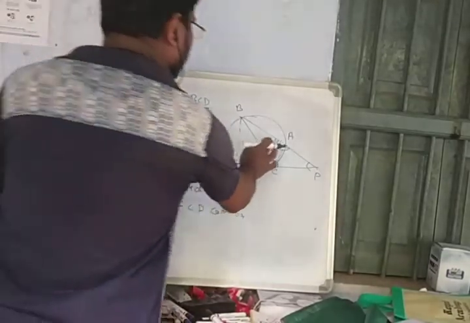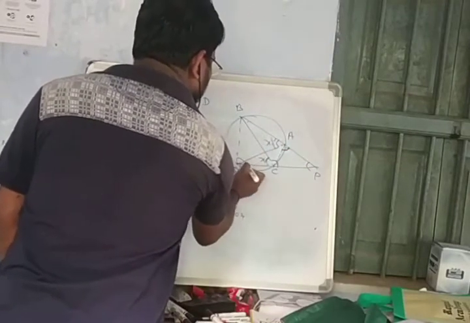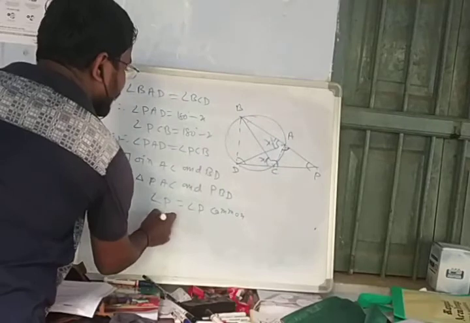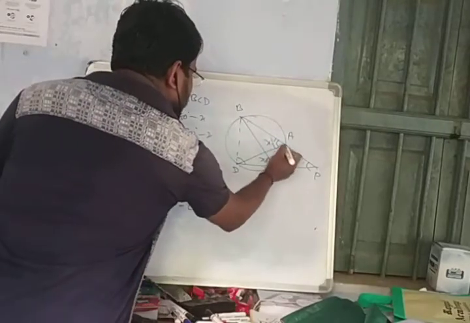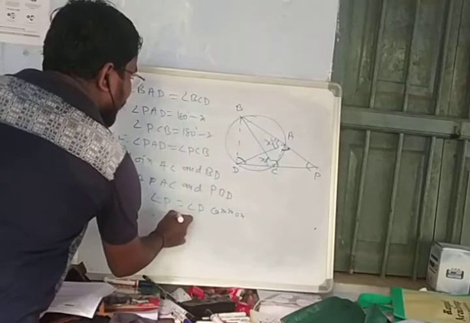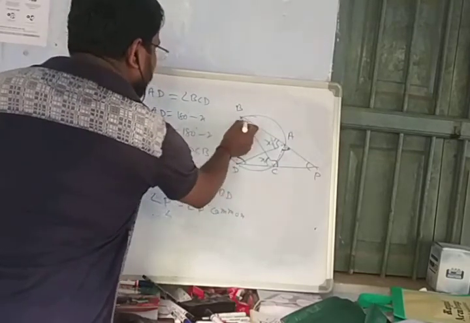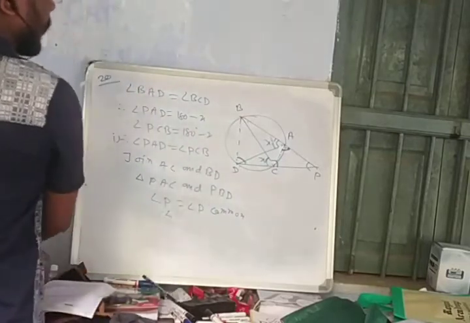One thing, this is a cyclic quadrilateral. This exterior angle equals this opposite interior angle. And this angle equals this opposite interior angle.